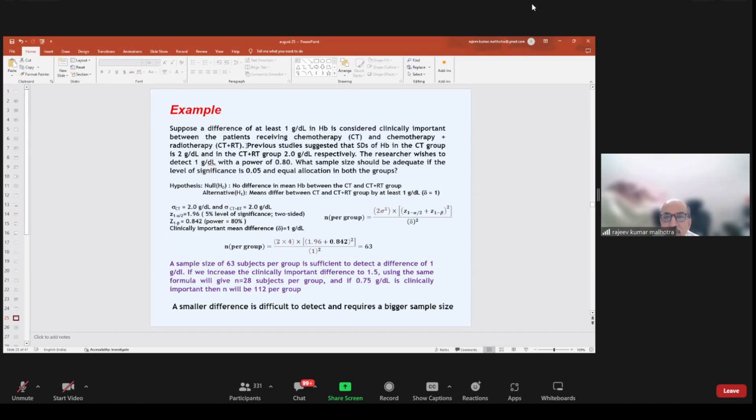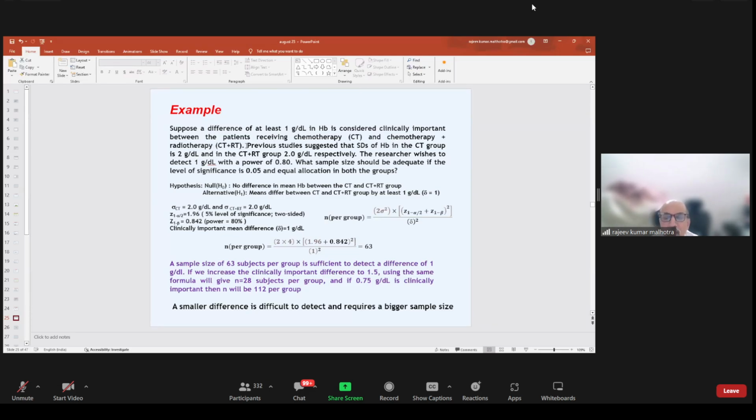A previous study suggested that the SD of HB in the CT group is 2 gram per deciliter, and in the CT plus RT group is 2 gram per deciliter. That means the standard deviation in both groups is the same. The researcher wished to detect 1 gram per deciliter with 80% power. What would the sample size be if the level of significance is 5%, with equal allocation in both groups?